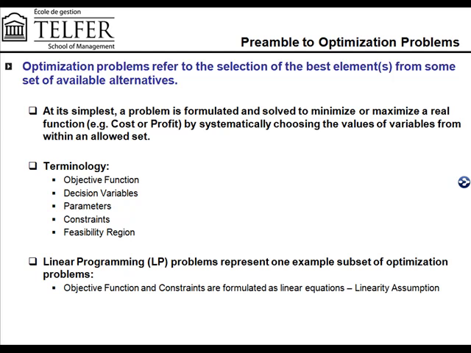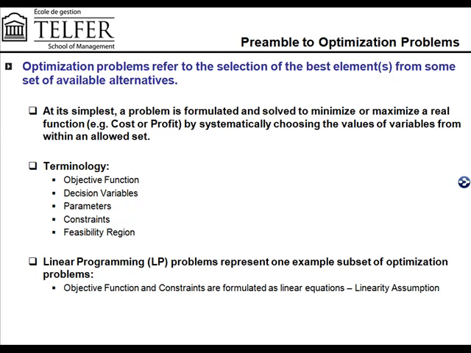The second term here that we're going to use are decision variables. These are the variables that you are trying to change to find the optimum solution overall. So you're trying to come up with optimal values for these decision variables, which will affect your objective function and will change the objective function's value to either increase it or decrease it.